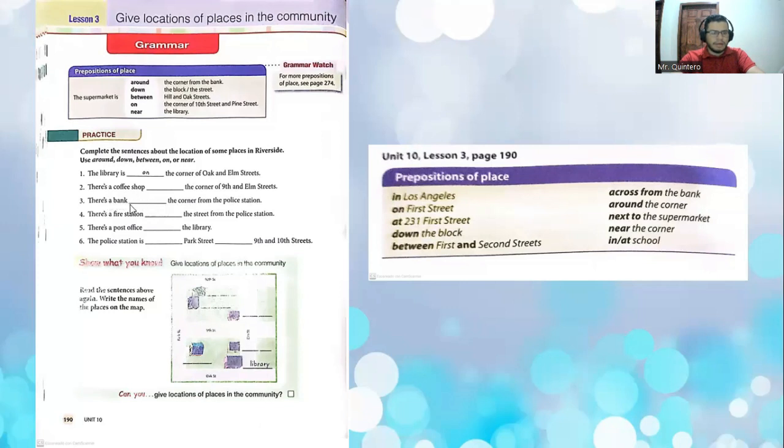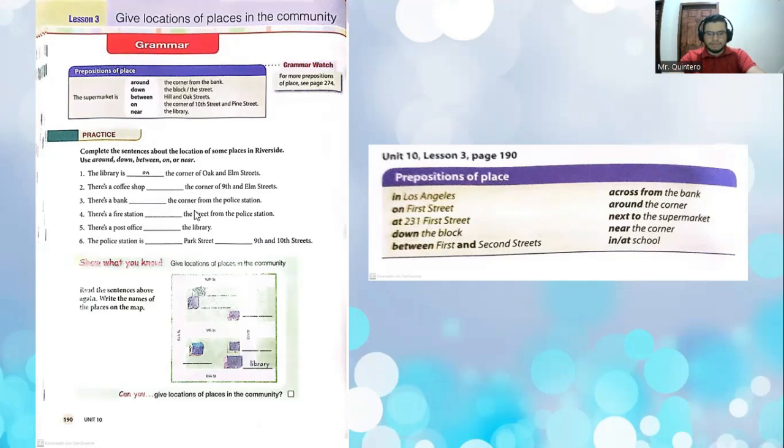There's a fire station. In which place? The street from the police station. What is the correct for this case? Let's go checking. So the answer is down. There's a fire station down the street from the police station.